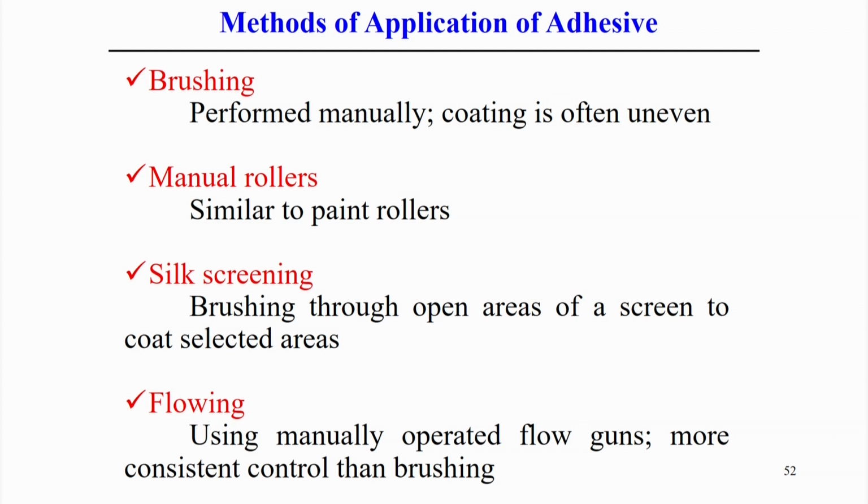And then flowing: sometimes a manually operated flow gun is used, when consistent control is required, and it is advantageous as compared to the simple manual brushing process. So, these are the typical methods for the application of the adhesives to the substrate material.